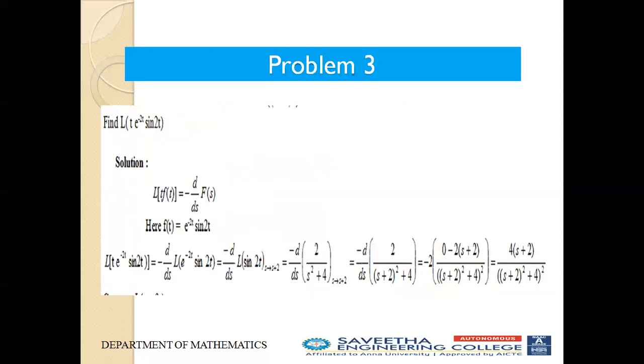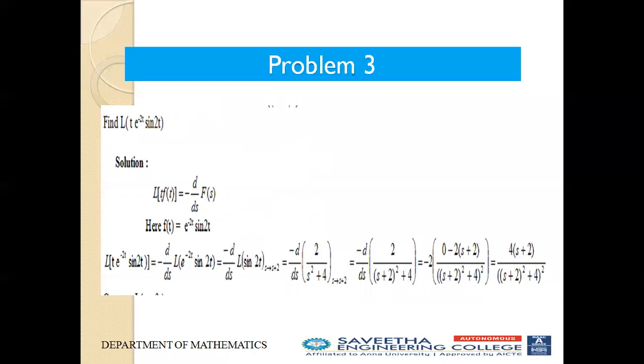Problem number 3. Find L of t into e power minus 2t sin 2t. First, we are going to find the Laplace transform of sin 2t. After that, we are going to use the shifting theorem for e power minus 2t, and we are going to differentiate for the term t.